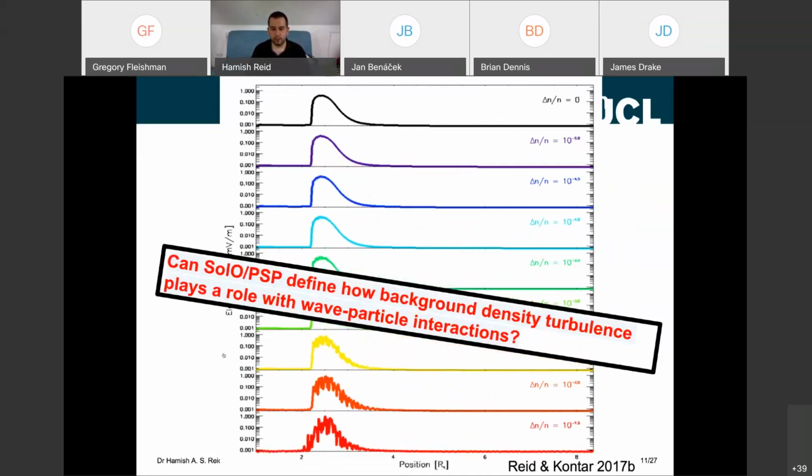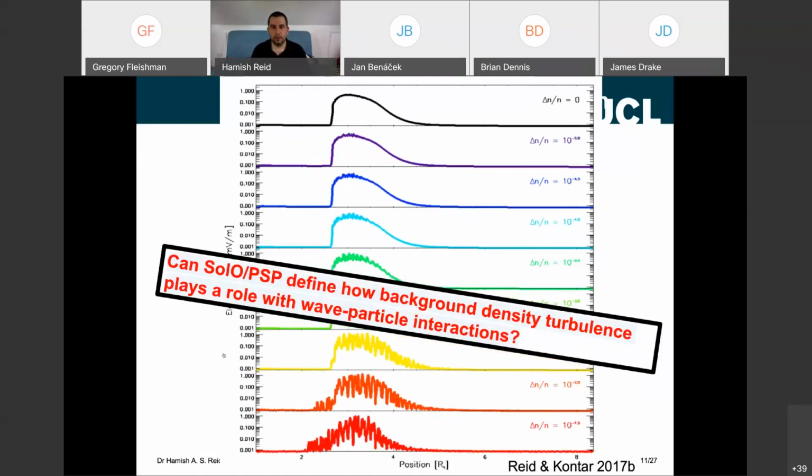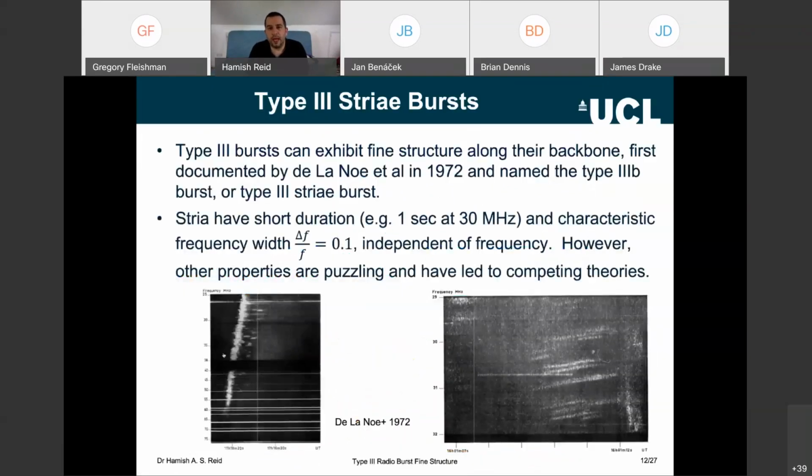So it moves on to what's called type 3 striae bursts, or some type 3b bursts, as you may have heard. Now, these are essentially type 3 bursts, like I showed before, but as well as this standard backbone of drifting emission as a function of frequency and time, you have this fine structure that you can see here all along the backbone.